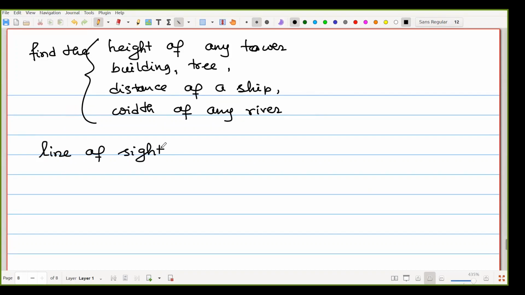That means whatever object we are viewing, the line of sight or line of vision is a straight line to the object we are viewing. Suppose I am drawing a tree-like structure. Okay, so suppose that is a tree.